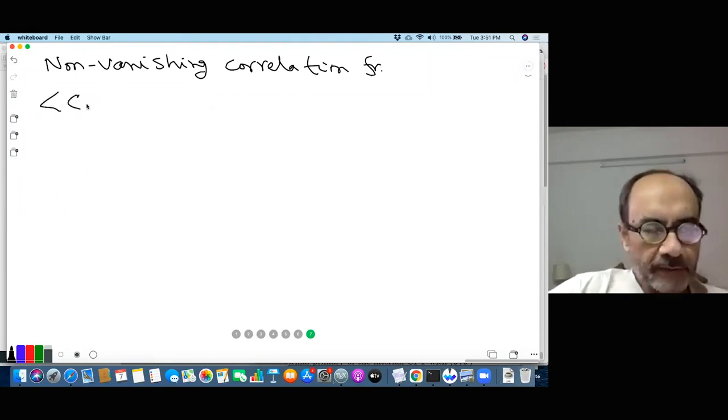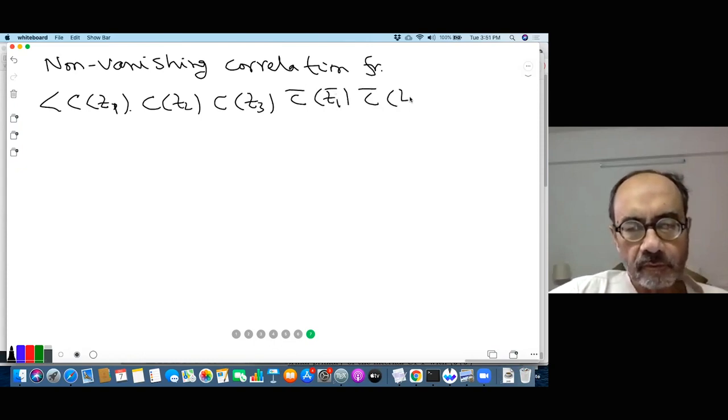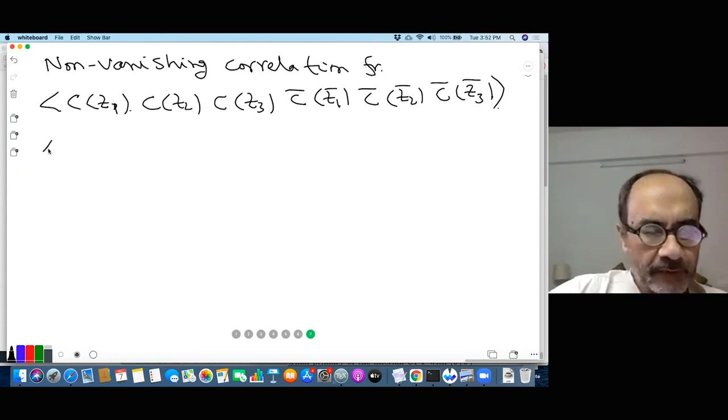You have to have 3 C's and 3 C bars. This can be non-zero, and this is proportional to Z1 minus Z2.